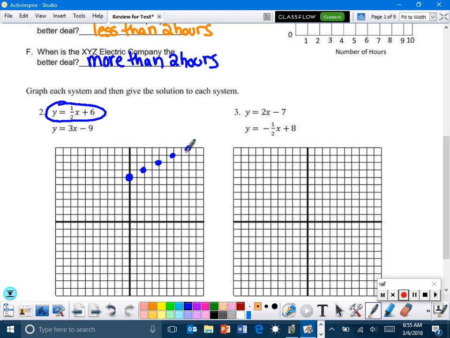So the slope is 6 and the slope is 1 over 2 and the y-intercept is 6. Okay, on this one the y-intercept is -9 and the slope is 3.